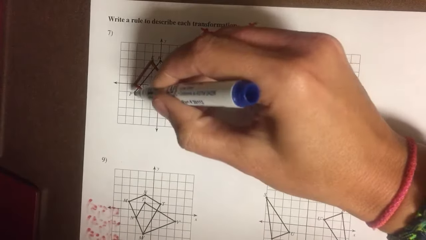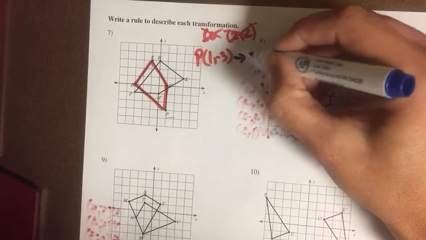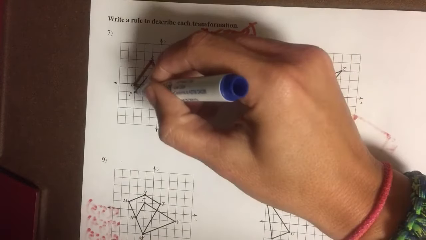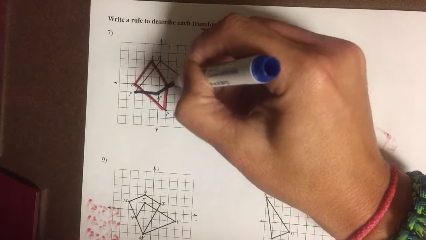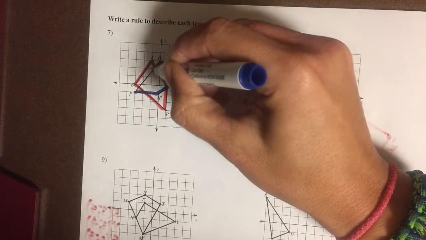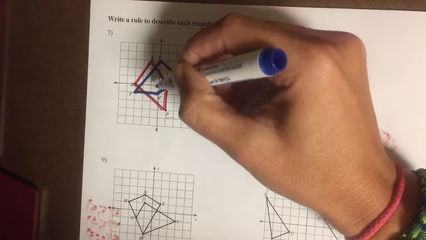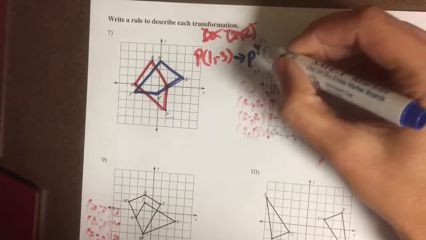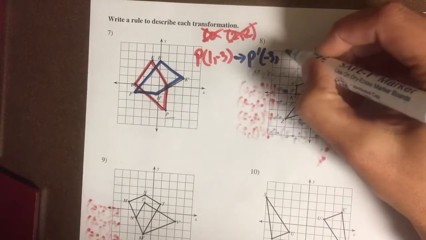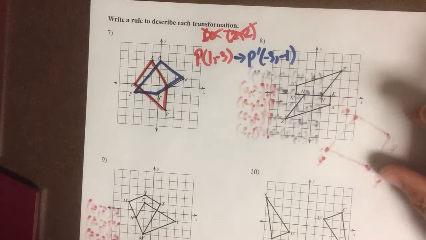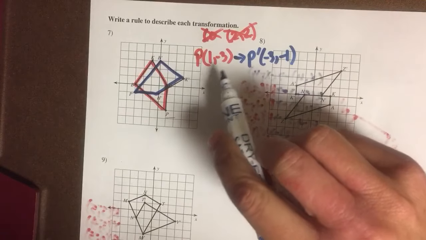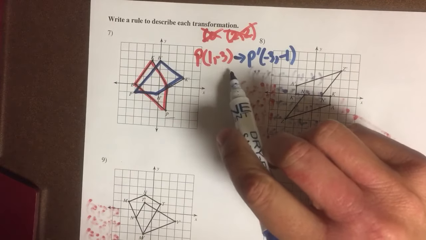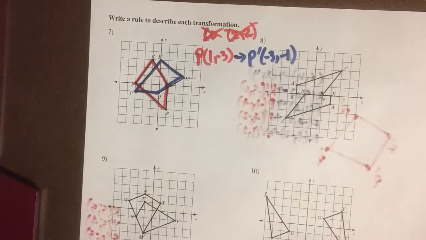So I've got the original, and then I have the image of P. The image of P right here is located on the image, and that particular one is at -3, -1. So the question is, what rule did I use to go from 1, -3 to -3, -1?